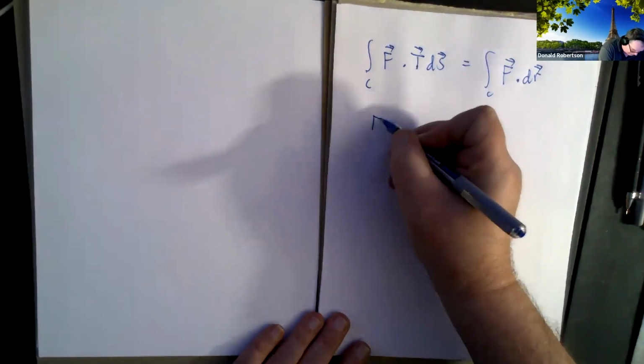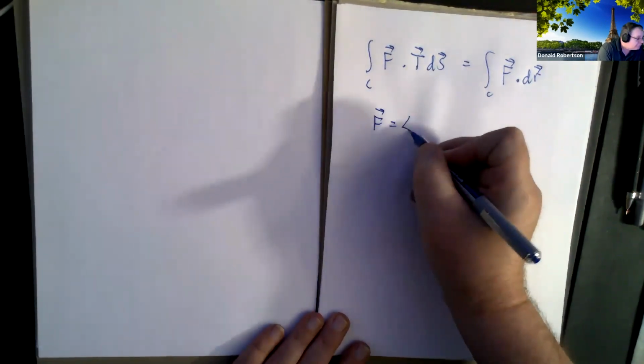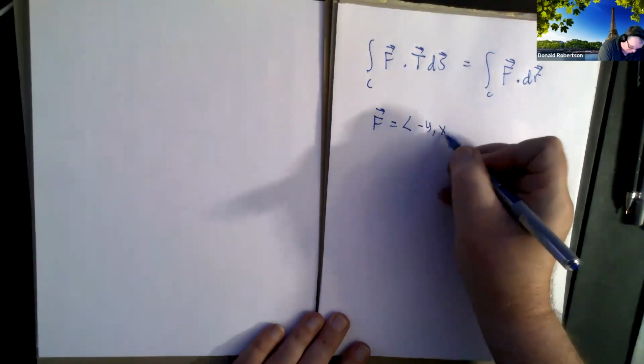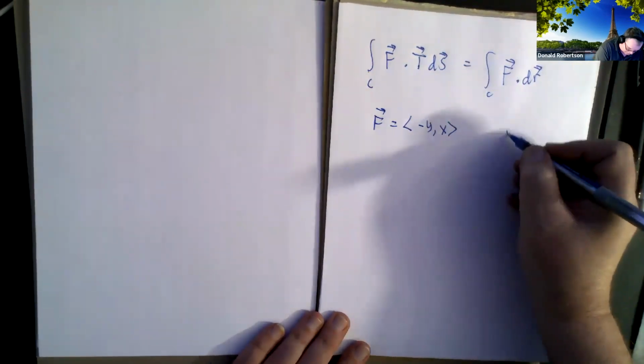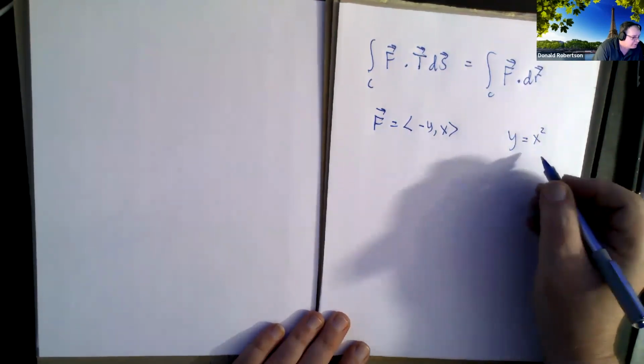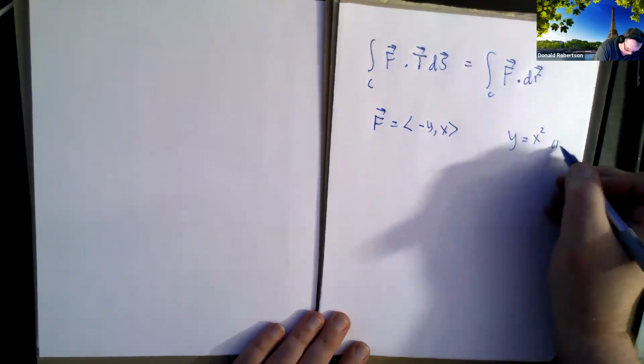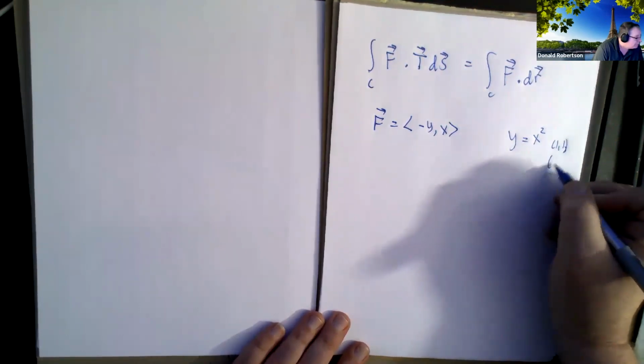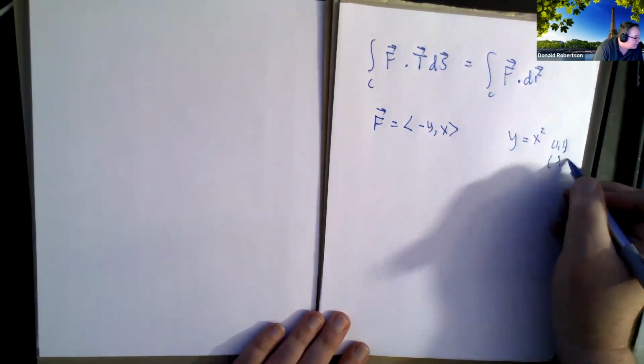We have F, a two-dimensional vector field, which looks like that. And we have a curve y equals x squared, and it goes from the point 1, 1 to the point 3, 9.